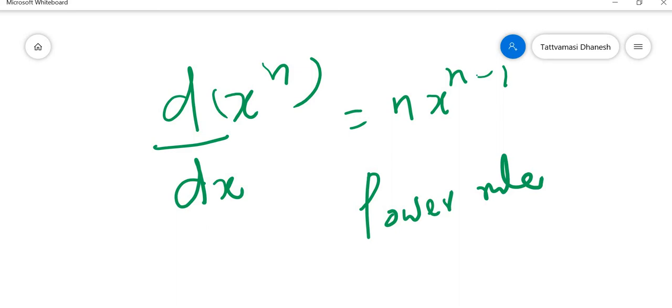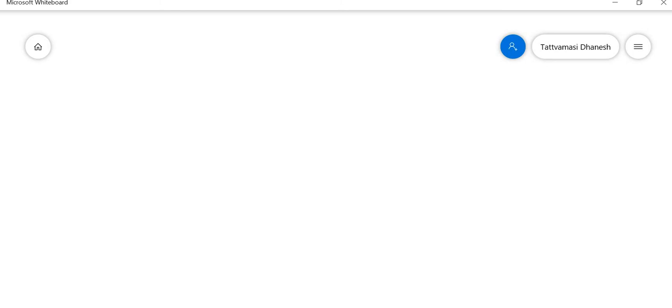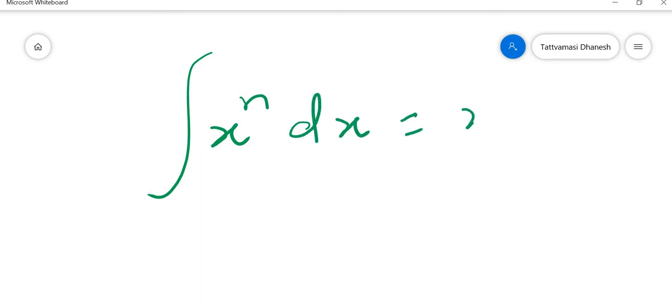Another formula is the derivative of sin x is cos x, and the derivative of cos x is minus sin x. Another important formula we discussed in the last video is the integral of x raised to n dx is equal to x raised to n plus 1 divided by n plus 1.